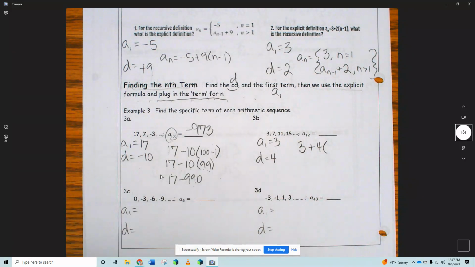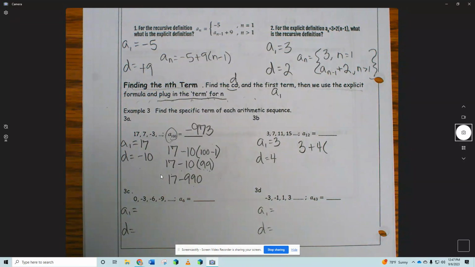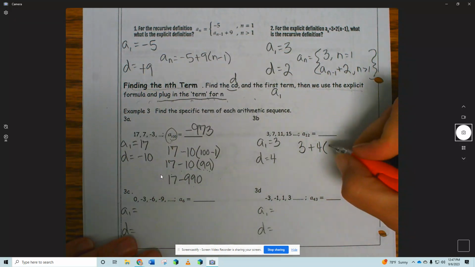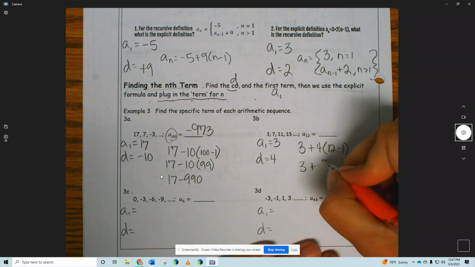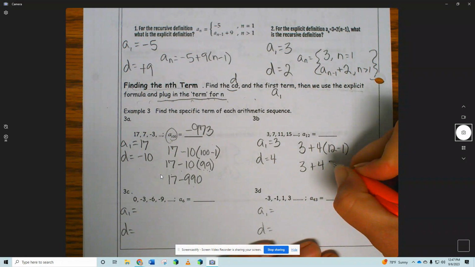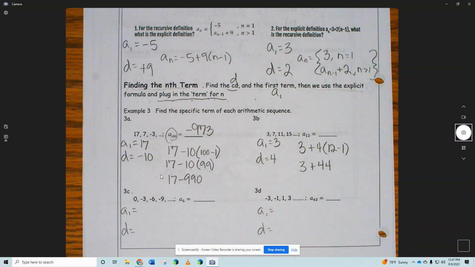What do I put in parentheses? 12. 11. Right, 12 minus 1. 11, yeah. Right? And you can do that in your calculator. You really should do the minus 1 in your head. You've got to do some math in your head on this.